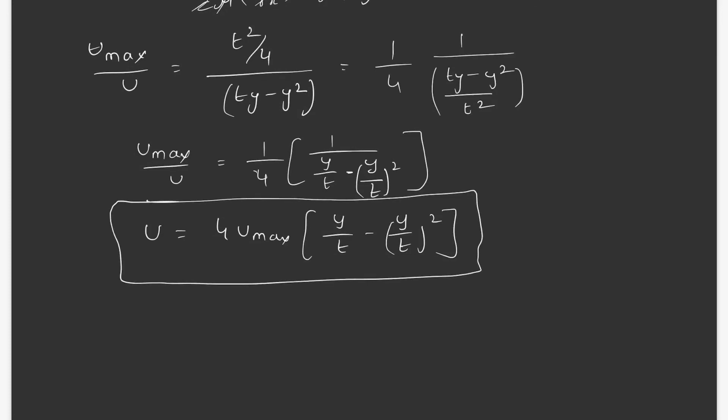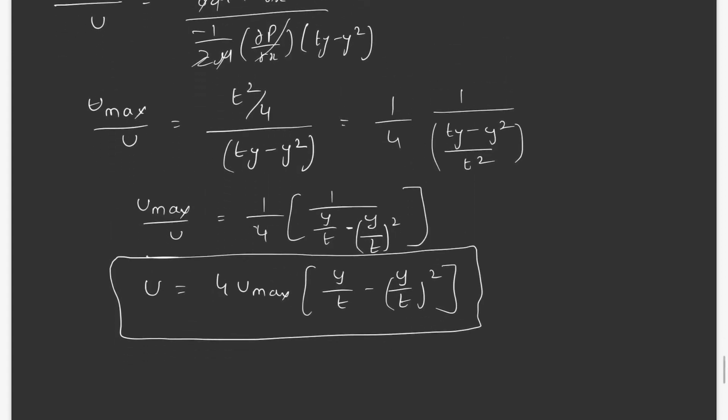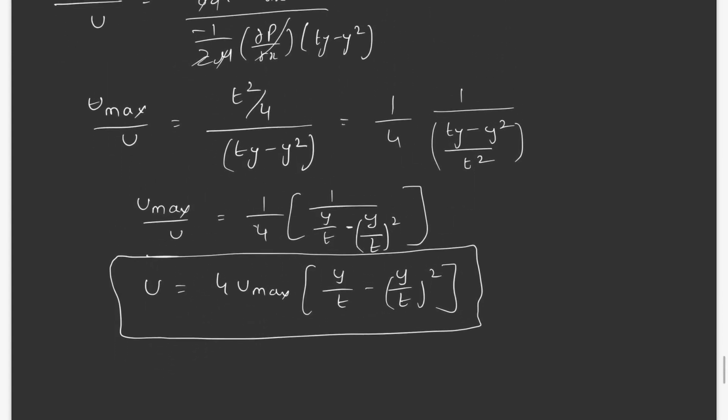There we have a proper relation. There we got 1 minus small r by capital R whole square. That is what we got as the second term, u max into 1 minus small r by capital R whole square. Here we are getting y by t minus y by t whole square. It is important here also, but there it is even more important. We have to remember that equation there. Here just see how it is derived.